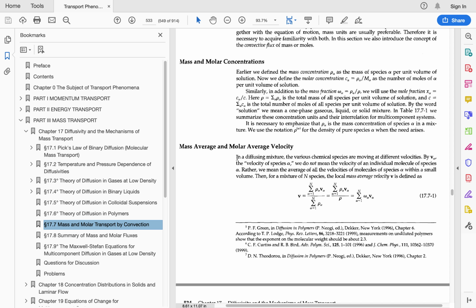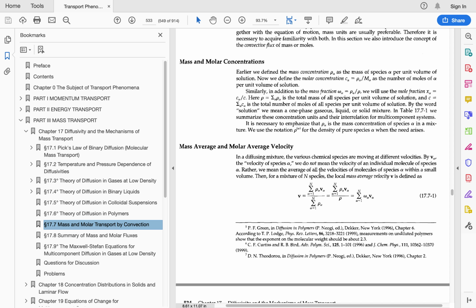In a diffusing mixture, the various chemical species are moving at different velocities, one to this side, one to that side. So when we write the vector v_A, in bold, for the velocity of species A, we do not mean the velocity of an individual molecule of species A, but rather the average velocity of the molecules of species A within a small volume.